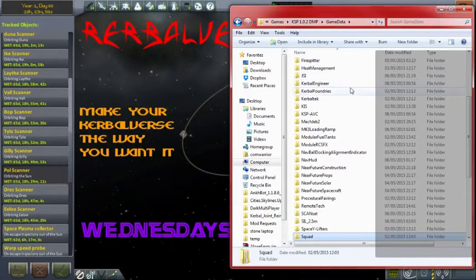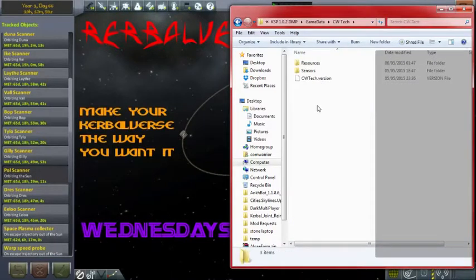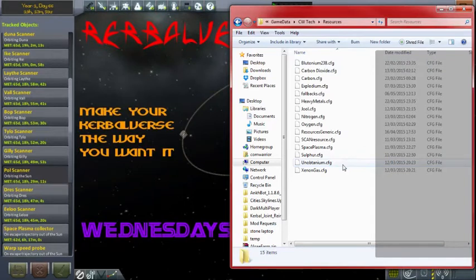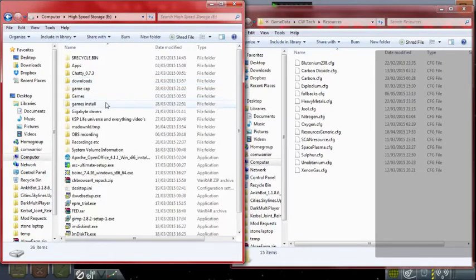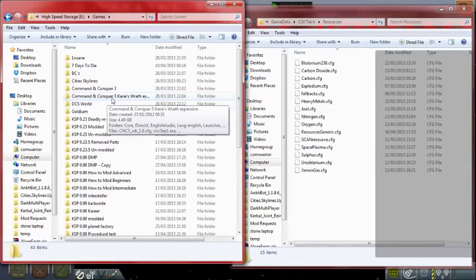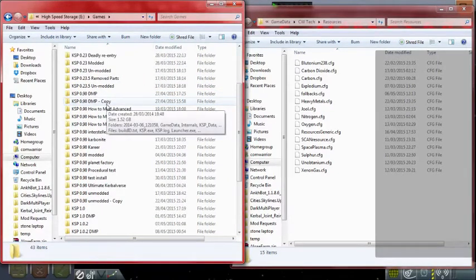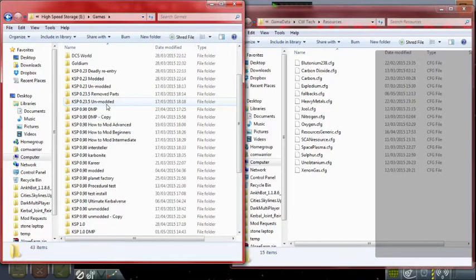So, if we go into our game data, we'll notice a CW tech has come up in here. This is my tech pack as I'm converting it. Now, of course, that is all of my KSP directories. Yep, got quite a few. 20 something, I think.